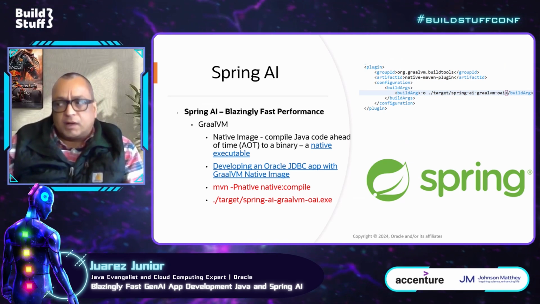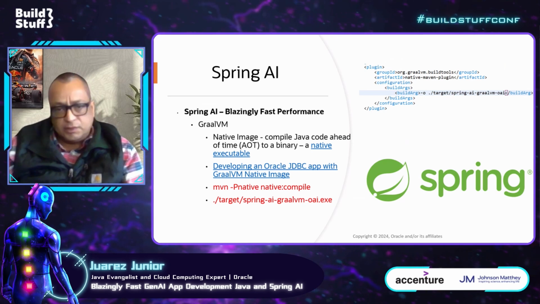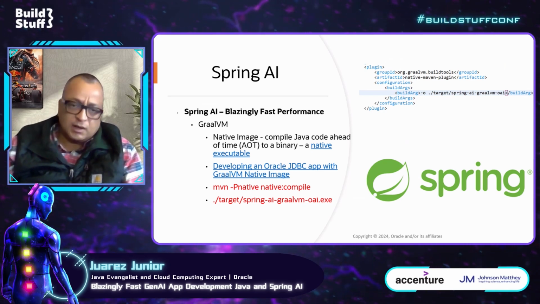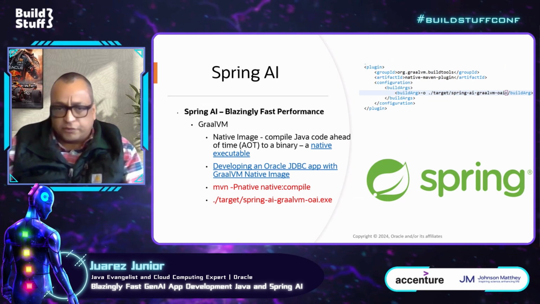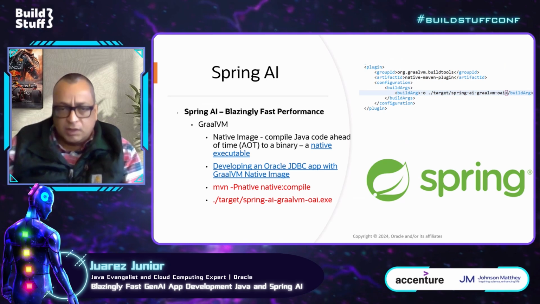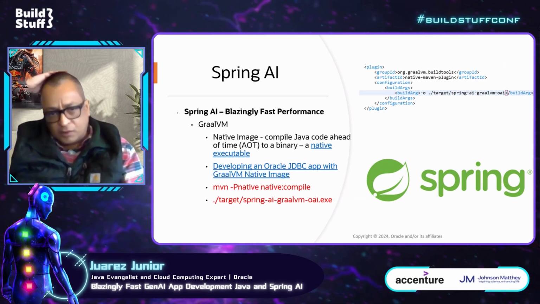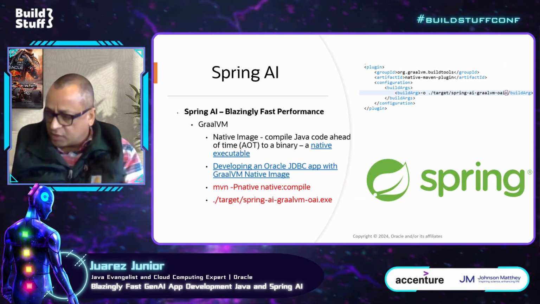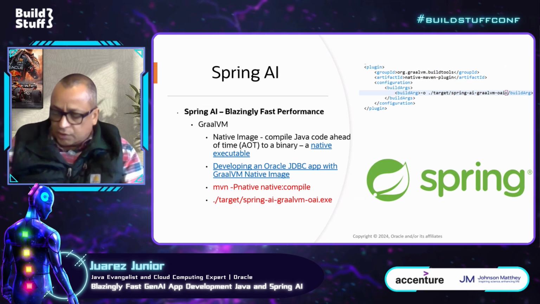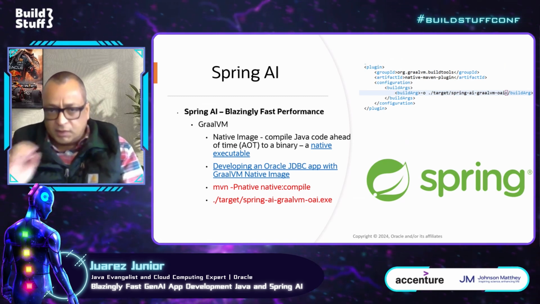GraalVM allows you to create a native executable, so you can essentially run at the same level as your other native-friendly programming languages like C, C++, Golang, and so on. So it positions Java to also deliver the best performance possible with this interesting GraalVM project.